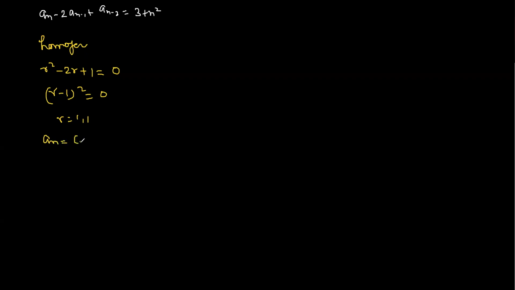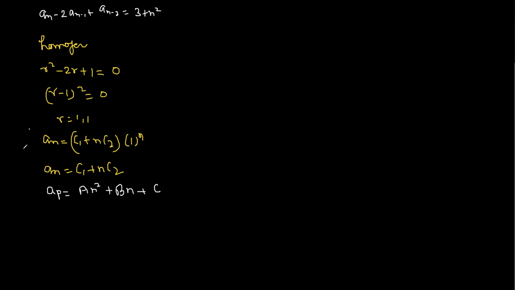So homogeneous will be what? 1 to the n is 1. Okay. Now very important. What will be the particular solution? Right hand side is what? Quadratic, right? This is quadratic question. That's why you can put here, right? But one important thing, in homogeneous, there is one constant, right?